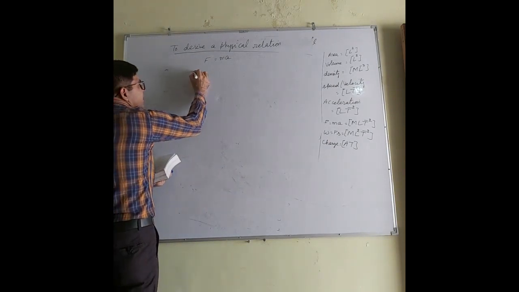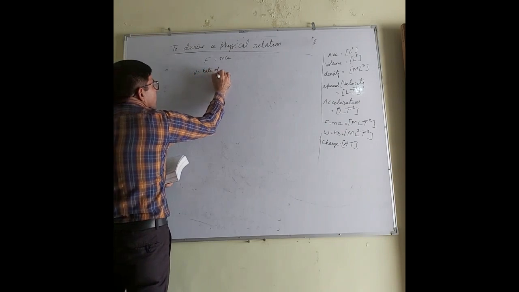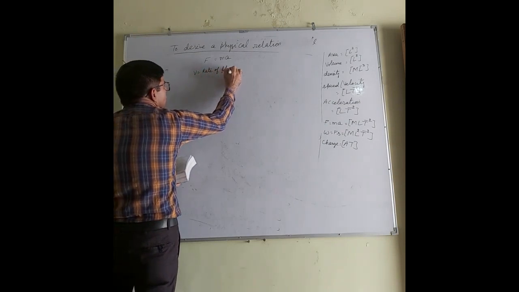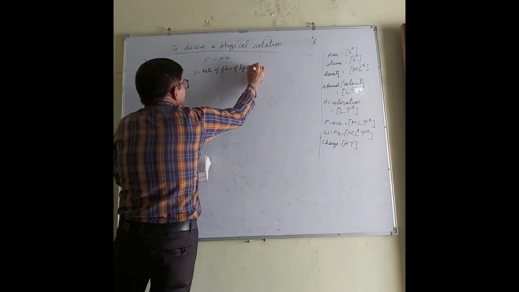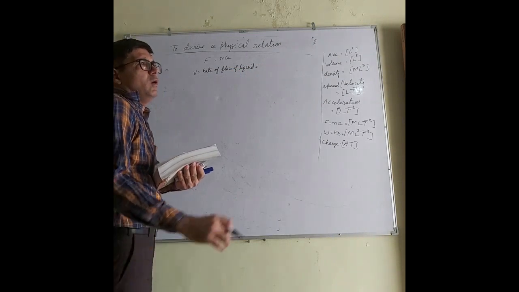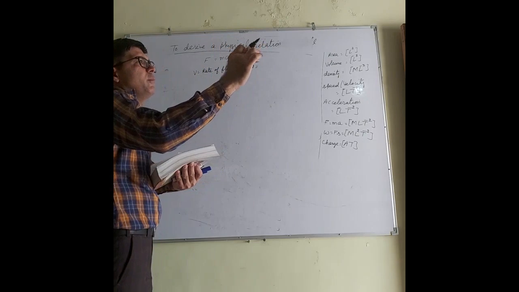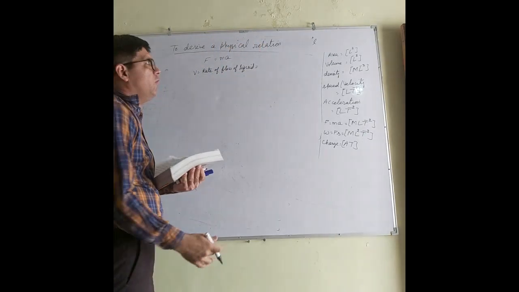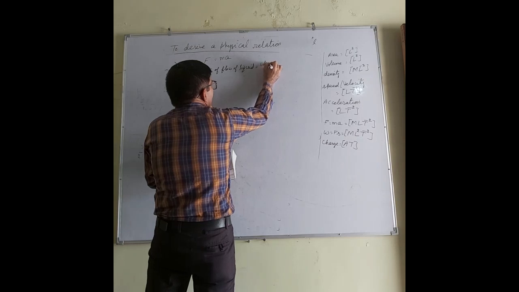Here V is the rate of flow of liquid. Now rate of flow of liquid means amount of liquid divided by time. Amount of liquid means volume of liquid. So I can say volume upon time.